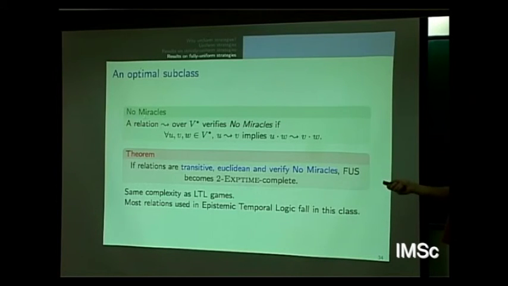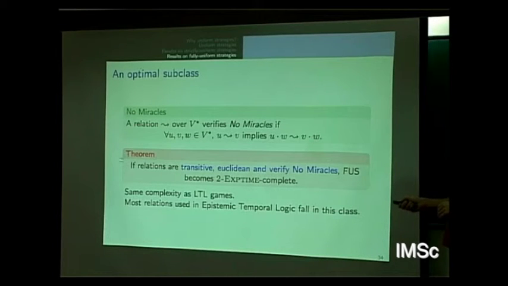We say that a relation verifies no miracles, the classic notion considered in epistemic temporal logics, if whenever two plays, or two words, are related, then if you continue them with the same thing, they remain related. There's no miracle: they don't stop being related for no reason.